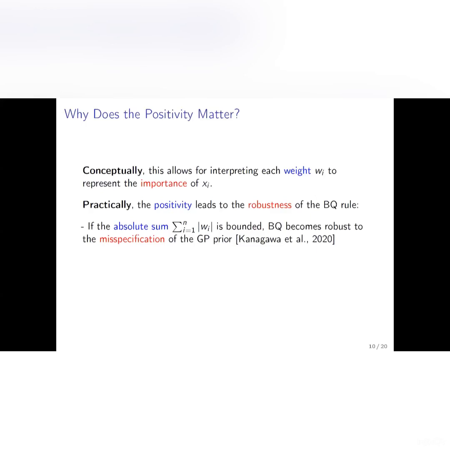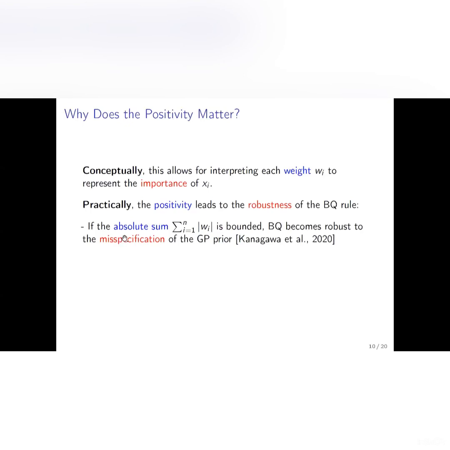If you lack knowledge about the integrand, this kind of misspecification can happen. Like if the integrand is defined by a simulator or black box model, then you may not have enough knowledge about the integrand.